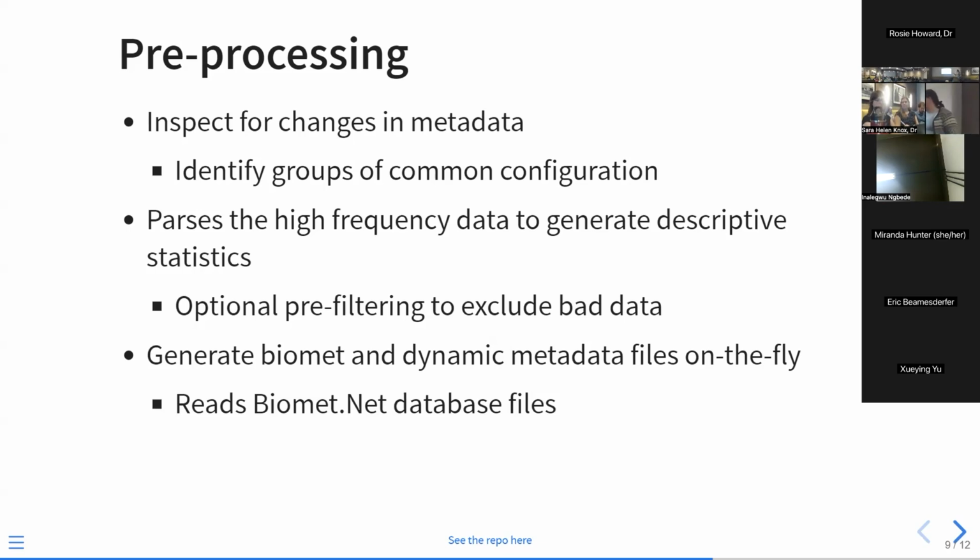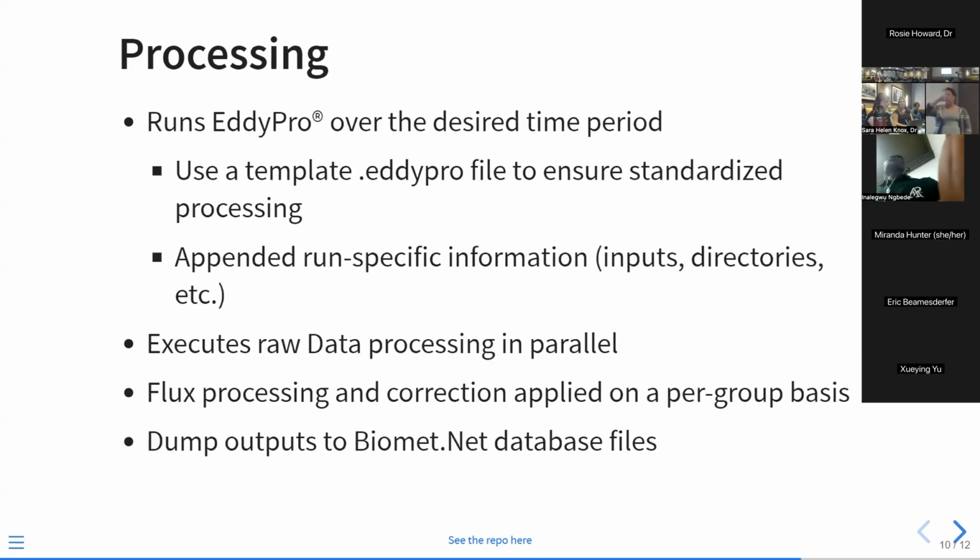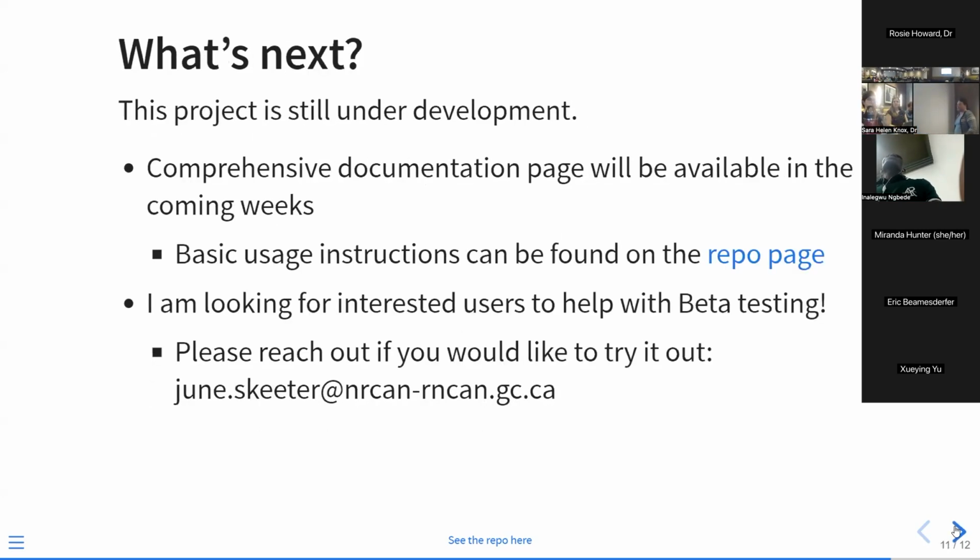It can also generate dynamic biomet and dynamic metadata files on the fly, as new metadata comes in. Nobody's talked about this yet, but Rose is going to be talking about it shortly. It integrates in with the biomet.net database framework that we talked about later. So this pre-processing routine reads all the data, applies some rough checks, groups it based on site configurations, and then prepares it to run.